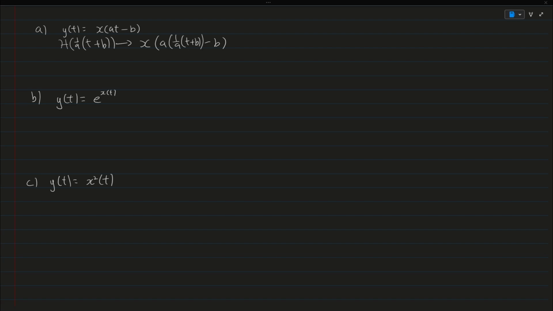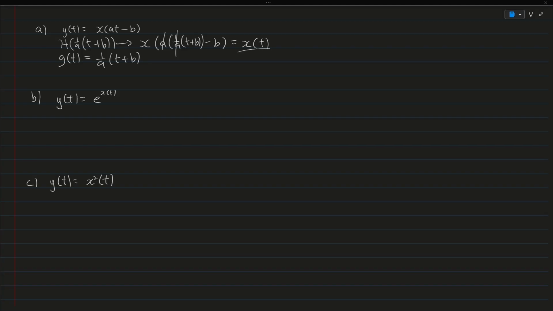Now a is going to cancel 1 over a, and then we have t plus b minus b, which is just equal to x of t. So there you go. We put an input into the transformation system, and we got our input back, x of t. So we could say that g of t is equal to 1 over a times t plus b.